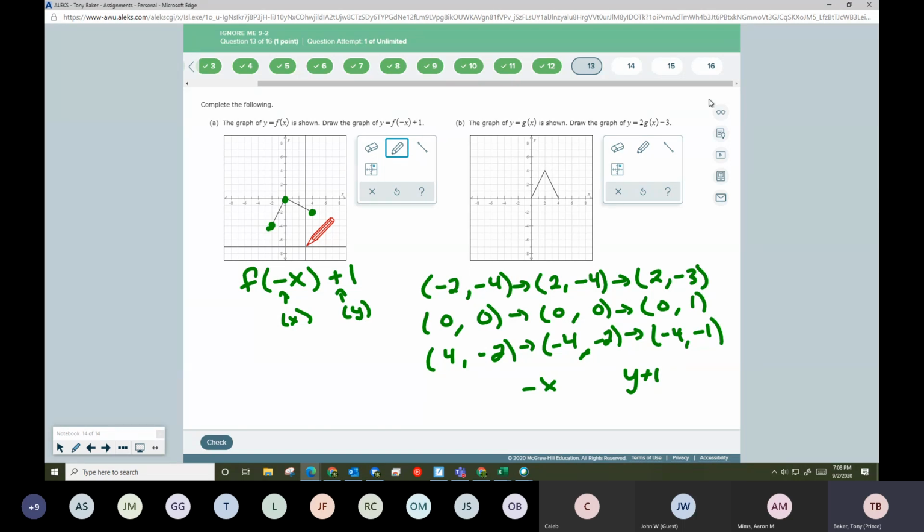And I'm going to do this one, and then I'm going to actually do 2 more of these because there's one other one I want to show you. So I'm going to graph these points. So I got 2, -3. Then I got 0, 1.